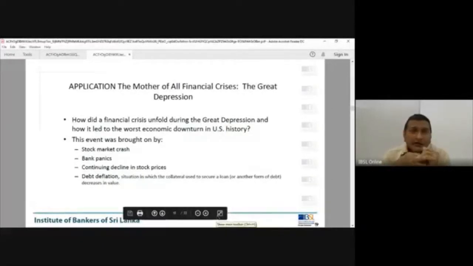Banks are then not in a position to extend normal financial intermediary functions, in the form of extending loans or other financial activities, and whatever assets financial intermediaries hold are now required to be cashed by liquidating. When you are forced to sell, you sell at prices much lower than what you would fetch under normal circumstances. So the bank panics get magnified and push institutions into much more difficult circumstances.